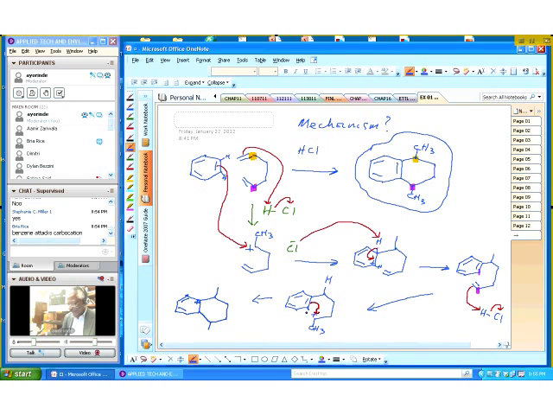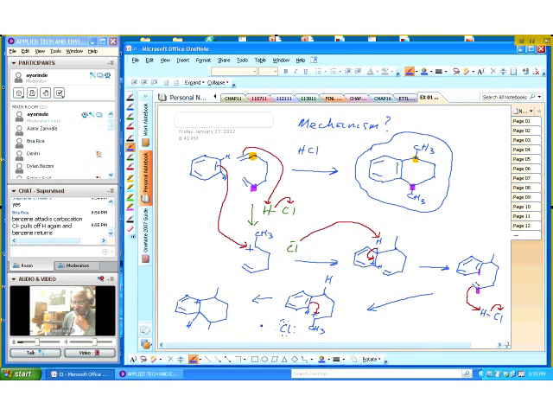Keep in mind there is a hydrogen here, so that hydrogen is still here. At this point, what is going to happen now? Keep in mind, when we form the carbocation, we also have the chloride.